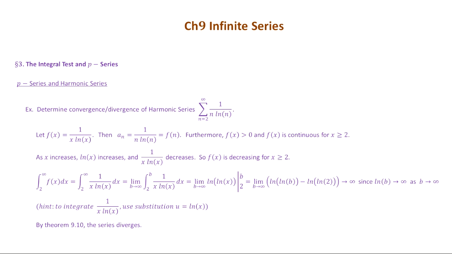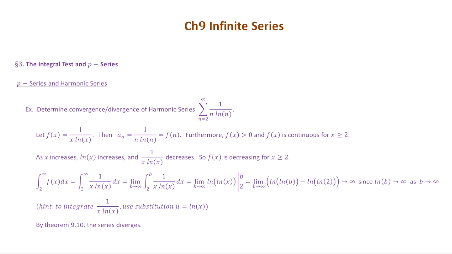So if you plug in b for x, you get natural log of ln b minus natural log of ln 2. Remember, when you take the natural log of a number, you get another number, so you can take the natural log of that natural log. Now we don't have to worry about the ln 2 term. That's just a constant.